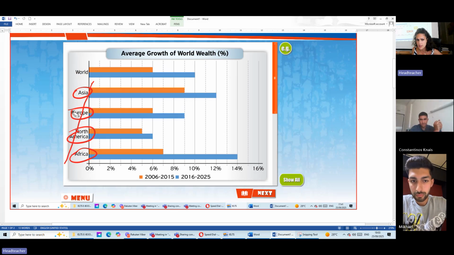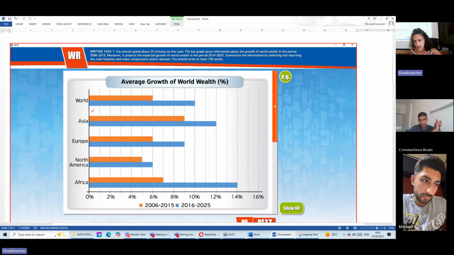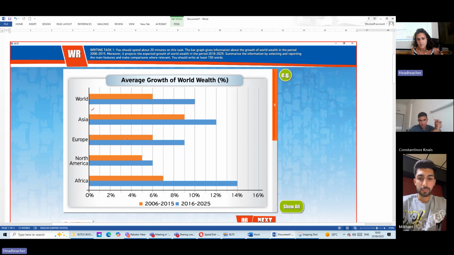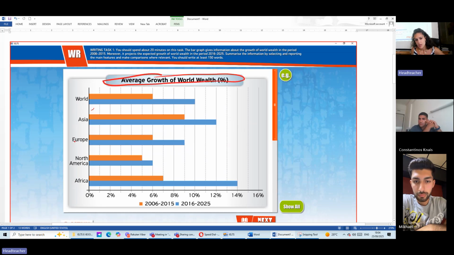That's something that I wanted to say earlier, but I wasn't given the opportunity because I go slowly to explain everything. The perfect introduction draws information from the legend, and the words given in the axes, the y and the x axis. So here we've got some words, and these are important.